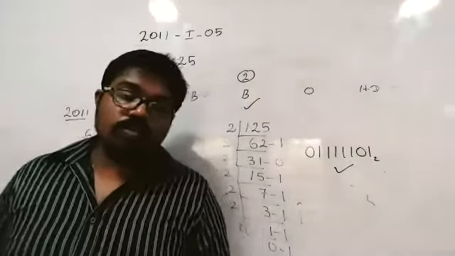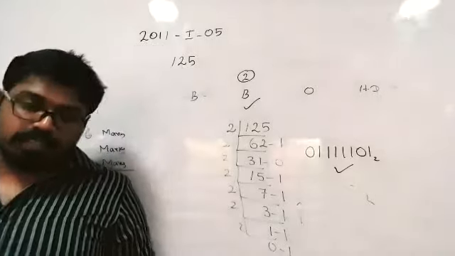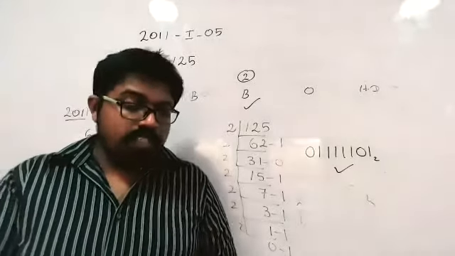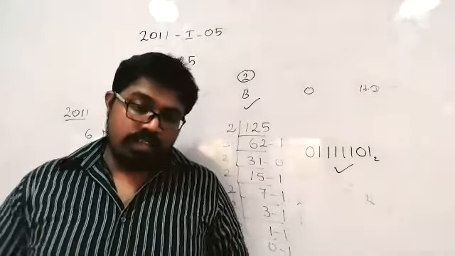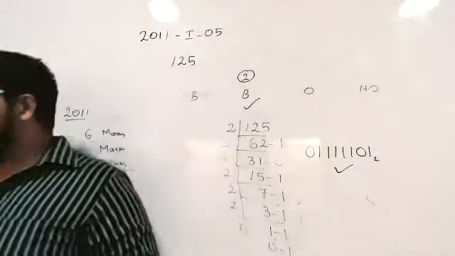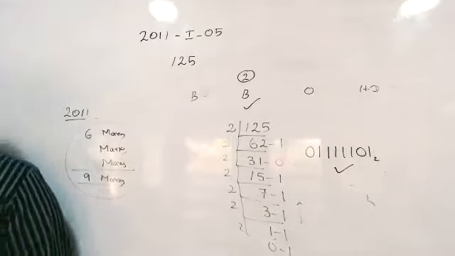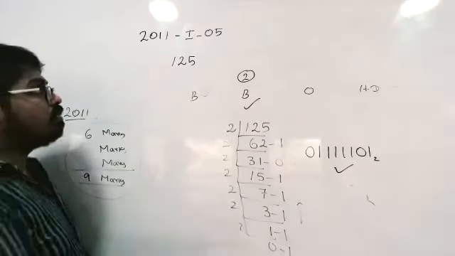So always go through with the majority answer types, right? Most of the times you can get the answer. So that's the end of 2011 paper, part 1, question number 5, right?